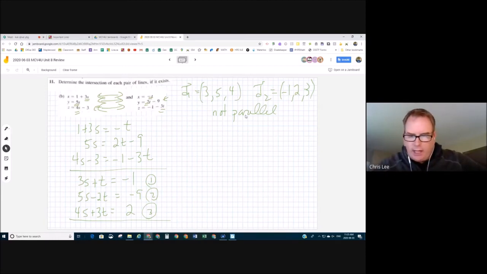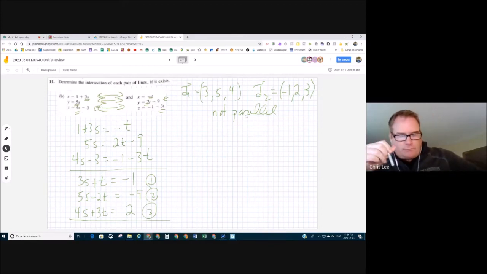If you think back to grade 9, when you had 2x plus 1 equals 9, there's only one unknown, and I only need one equation. I can work backwards to figure out that x equals 4. But when you have two unknowns, you need two equations. And if you had three unknowns, you'd need three equations, and that's coming up next unit.